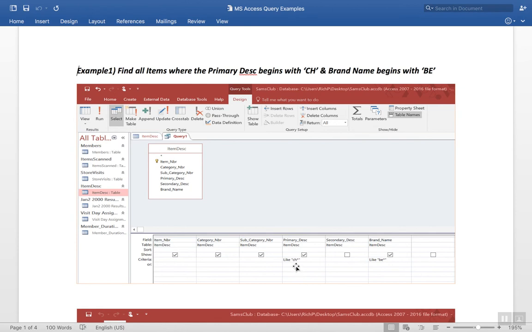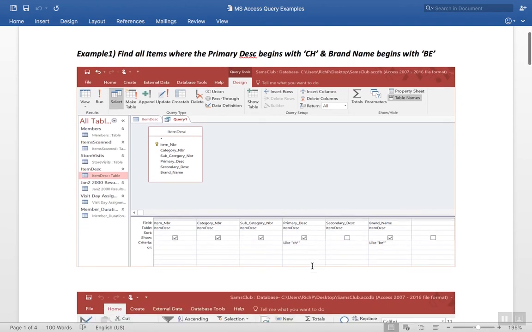This is the pattern match, CH star and BE star. The primary description has to begin with the letters CH, and everything has to have a BE in the brand name for starters. It's a single table, and the secondary description is not going to be returned either. That's the other thing you want to look at, what shows.